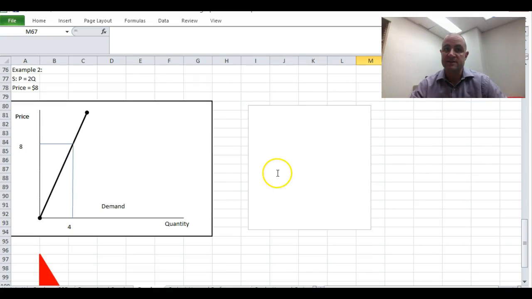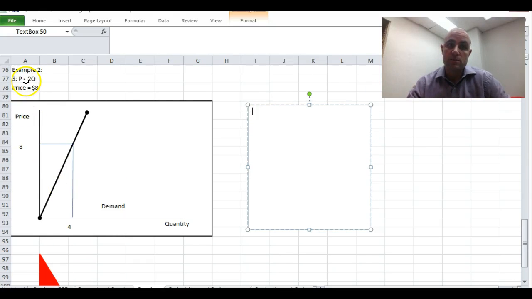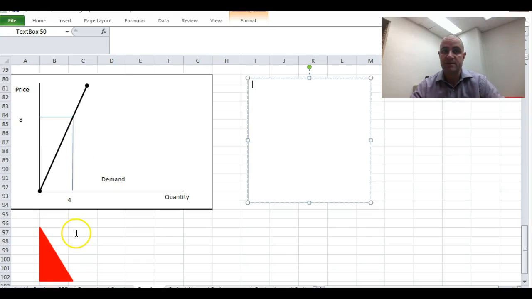So let's look at an example in the market here. Let's say that the market price is $8. At $8, if you plug that into the supply equation, you find that the quantity supplied is 4 units. And so again, we have this here.